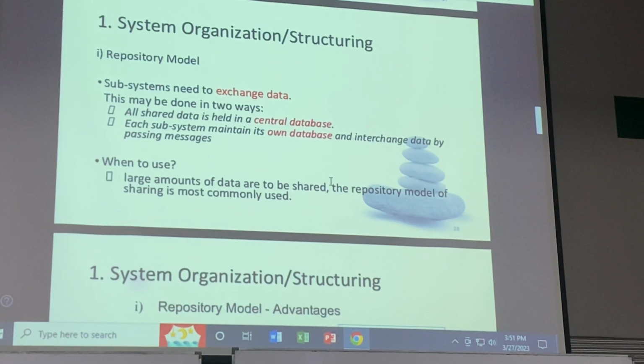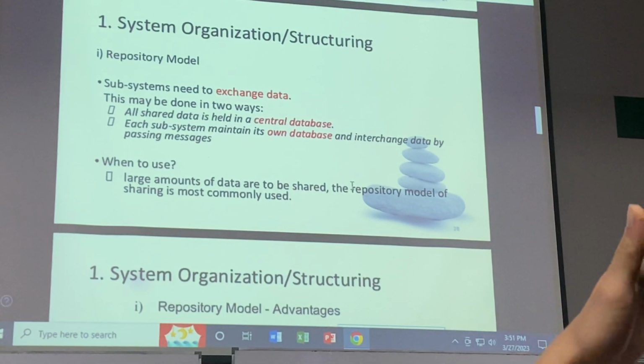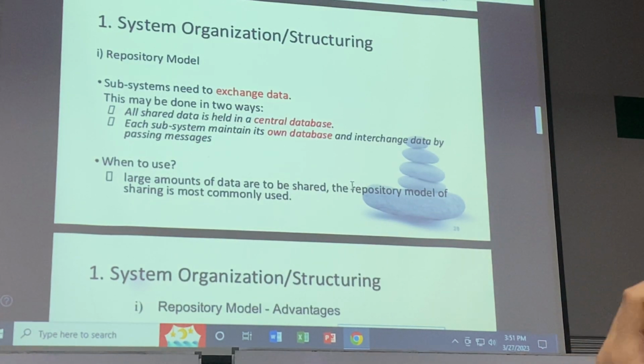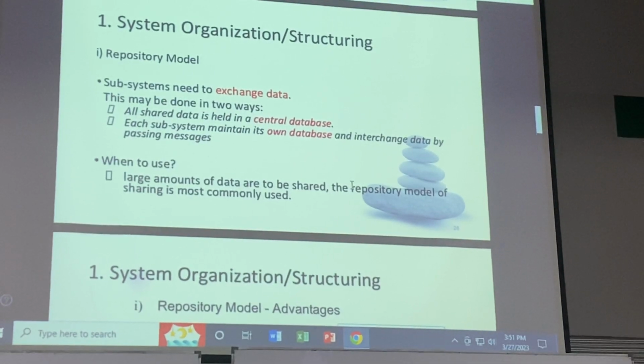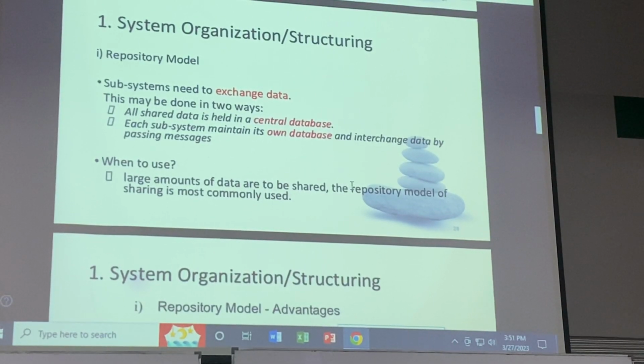So it can be done in two ways. One is all the shared data is held in a central database, which I said just now, the main server. Or each subsystem can maintain their own database, and then they can interchange the data by passing messages. So there are two methods they can use.